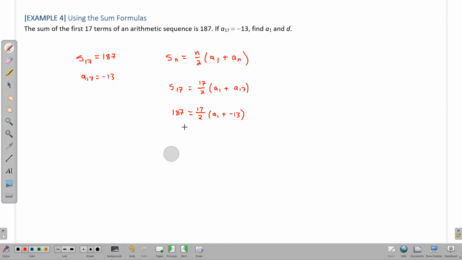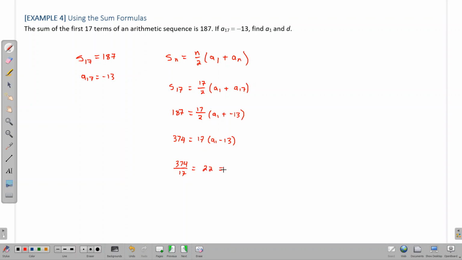So if you go ahead and multiply both sides by 2, we have 374 is equal to 17 times A1, we just write that as minus 13. You could distribute the 17, but it's going to be easier just to divide this over. 374 over 17, which comes out to 22.